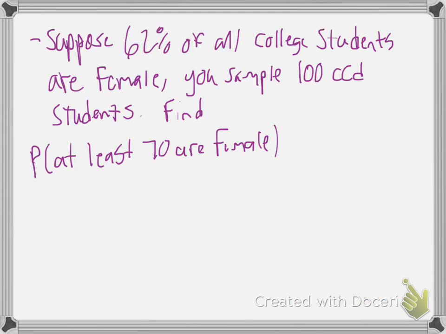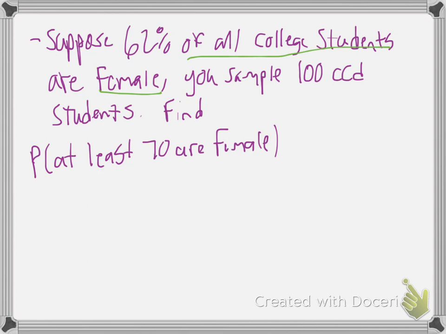Okay, so let's take a look at this example here. Suppose you're given this fact that 62% of all college students are female, and you sample 100 CCD students. You want to find the probability that at least 70 of those 100 are female.